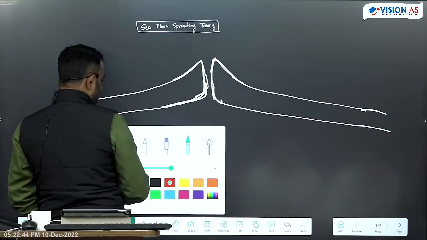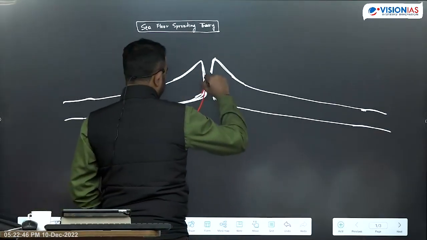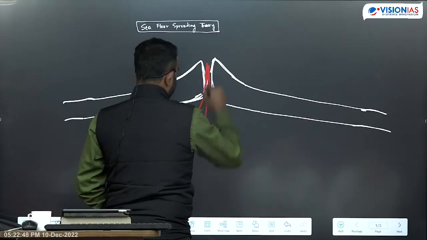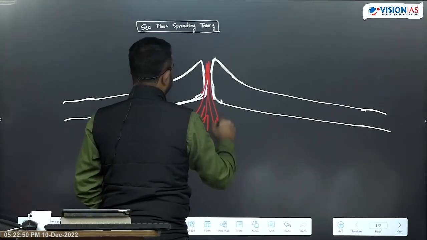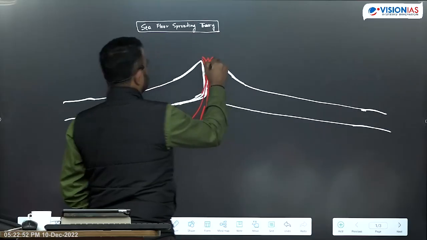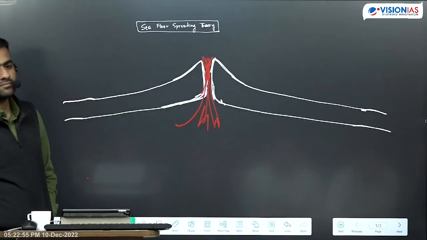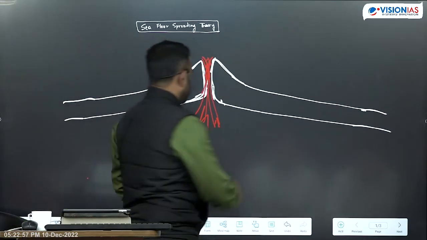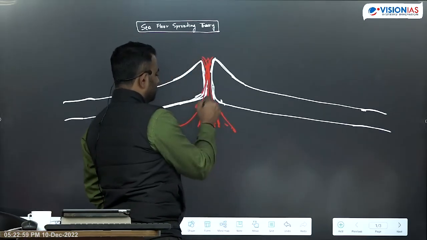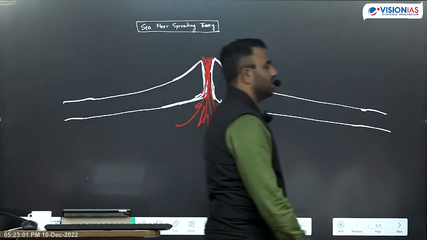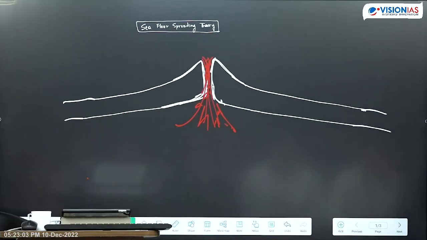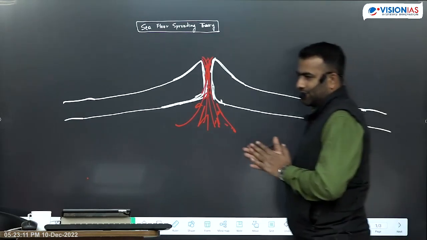Then we realized that at the central part of the mid-oceanic ridges, there is a continuous eruption of magma. Magma is continuously coming out from the much more interior part of the earth. It continuously comes out, and that too in what manner? Not like a volcano. In volcano, the magma erupts out very violently. Violently bahar aata hai. यहाँ पर तो the magma was slowly and continuously it is coming out.